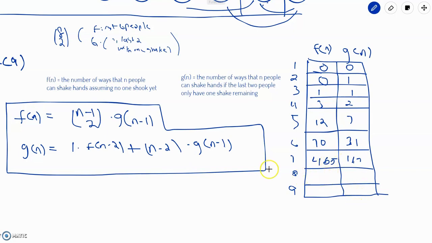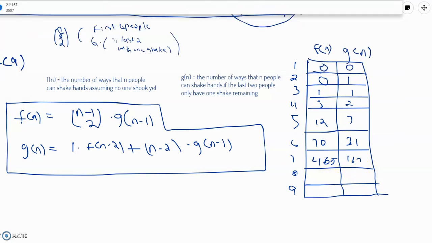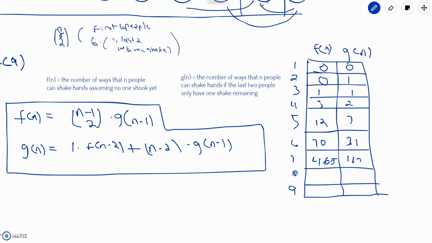And then f of 8 is equal to 7 choose 2 times g of 7. So that's equal to 21 times 167. You're not supposed to use a calculator on AIME, but I'm just going to use that because it's simpler. So 21 times 167 is 3507, so the remainder is essentially 507.